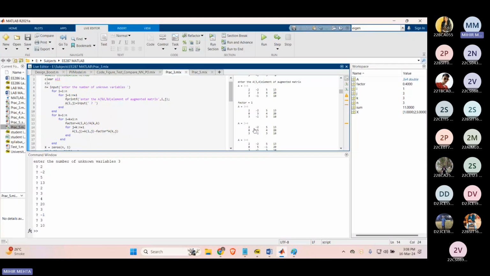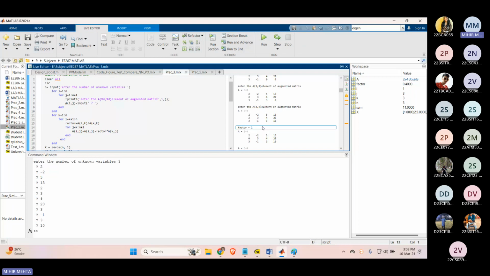Now let's again come back to the matrix that we were on. So A21 is this, divided by A11 is this. So this will give me a factor which is 1. Is this clear? Did everyone understand this factor? Now what we are doing with this factor, I'll make you understand.